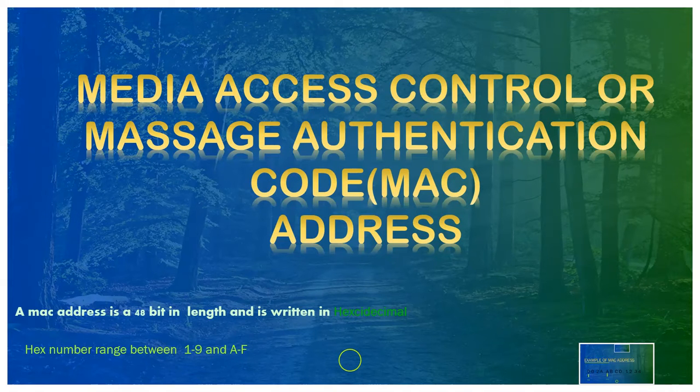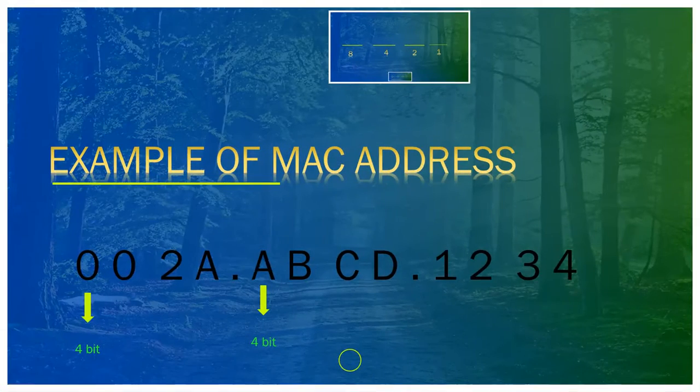Okay, so let's look at MAC addresses. A MAC address is 48 bits in length and is written in what? Hexadecimal. So let's see an example of a MAC address.